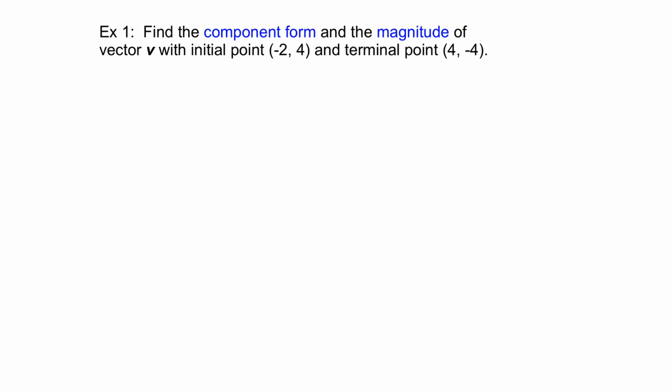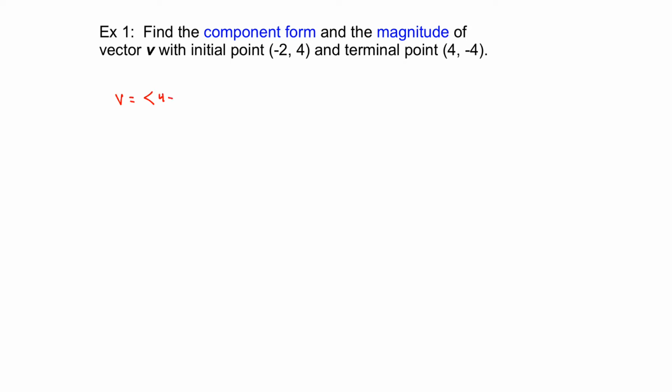Okay, let's take a look at example 1 here. Find the component form and the magnitude of vector v with its initial point at negative 2, 4 and terminal point at 4, negative 4. We need to subtract, but remember, terminal point minus initial point.